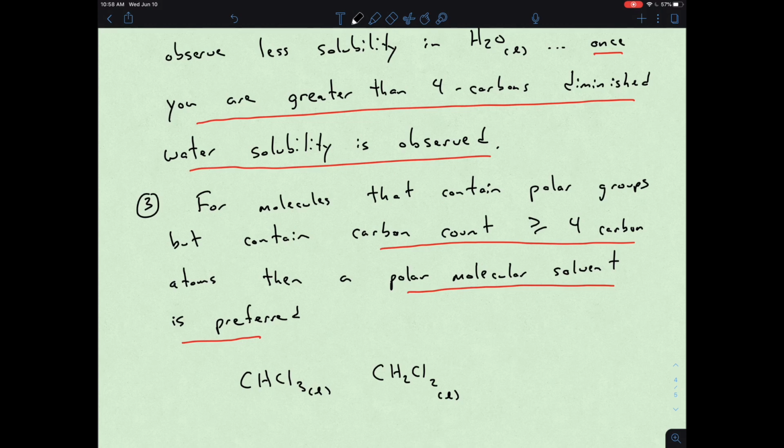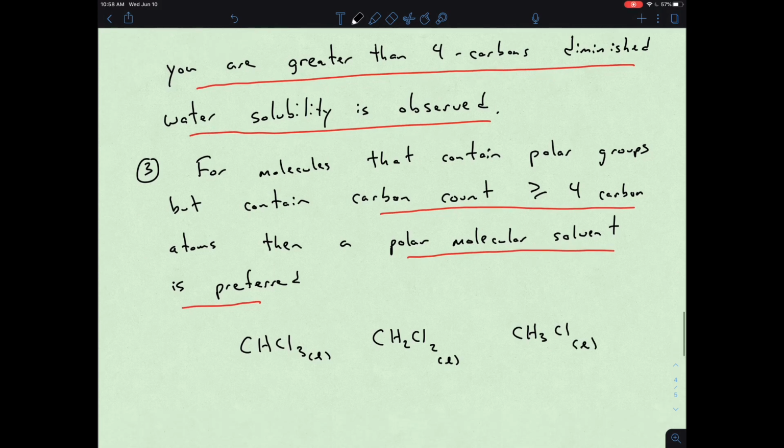Ethyl acetate is another one, but I think that's reaching a little too far for us. But here are a few, and notice that these are all polar molecules, right? These all have dipole forces of attraction. And so that's why they would be paired very nicely with a polar solute, so that you're matching forces of attraction within that system.